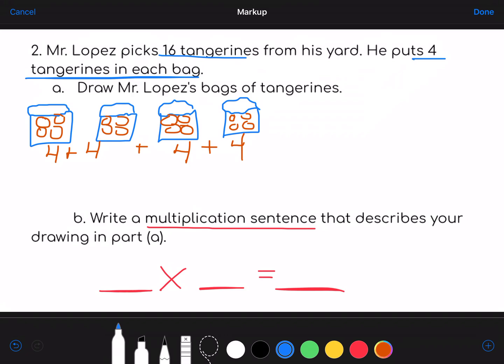All right? So we're going to write how many bags he has times how many are in each bag. So he had 4 bags times 4 tangerines in each bag, and that equals, how many tangerines did he have in total? 16. There you go.